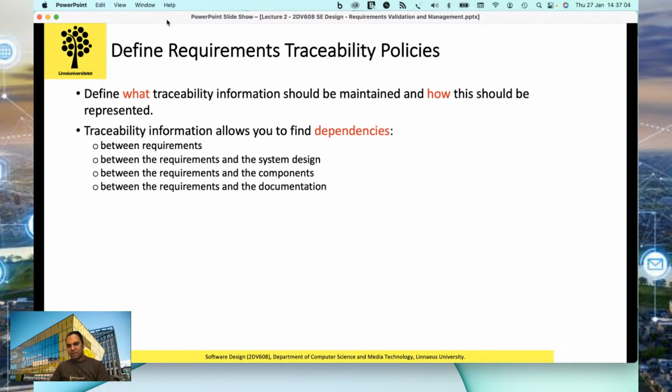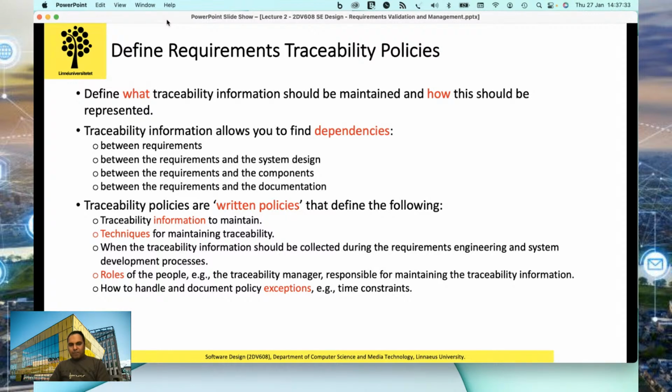So which part of the documentation is documenting which requirement. These are different types of traceability information, and if you maintain them properly, that means your requirements are traceable. And not only that, it will be very easy to reflect changes because you are storing this information systematically.